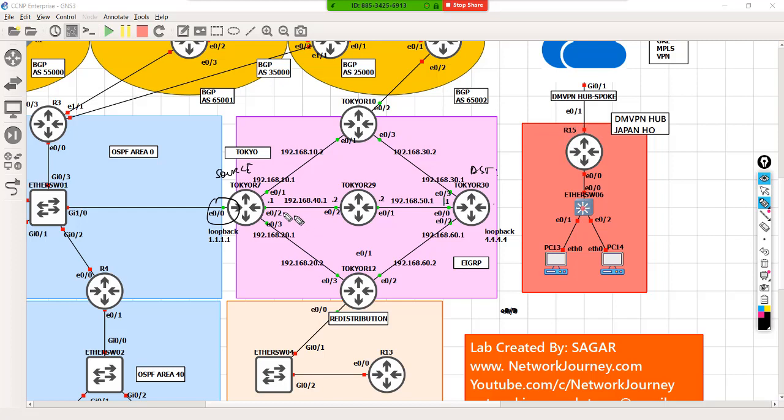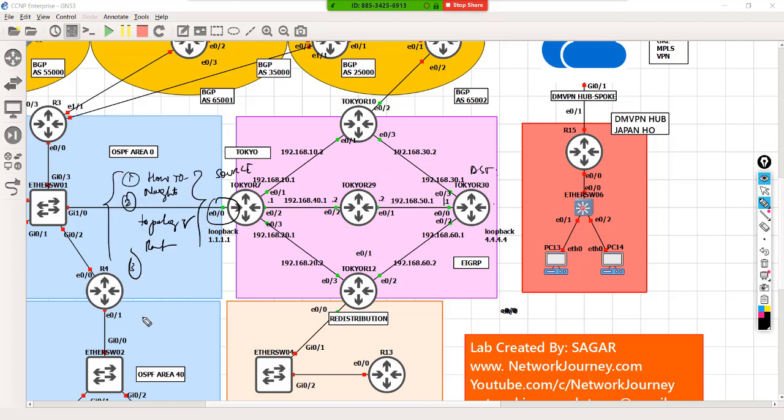I'll show you a few simple things as of now: how to configure EIGRP, how to see the contents of the neighbor table, topology table and routing table, and then we can see if something is pending. These will be covered in today's class.